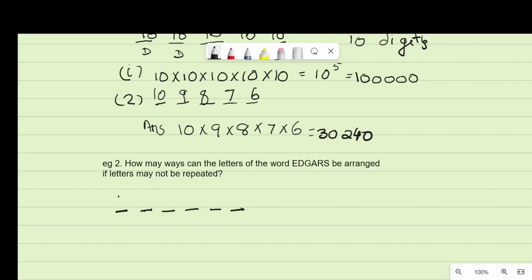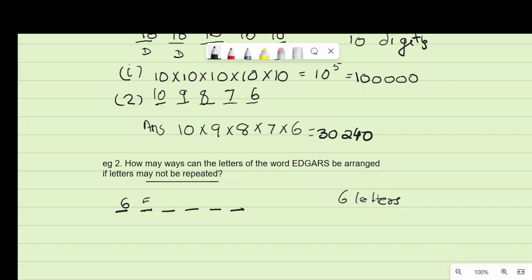How many choices do you have for the first position? There are 6 letters, so you have 6 letters available to fill it. In the first position, you can have any of the 6 letters. But the letters may not be repeated. So how many letters are available for the second position?